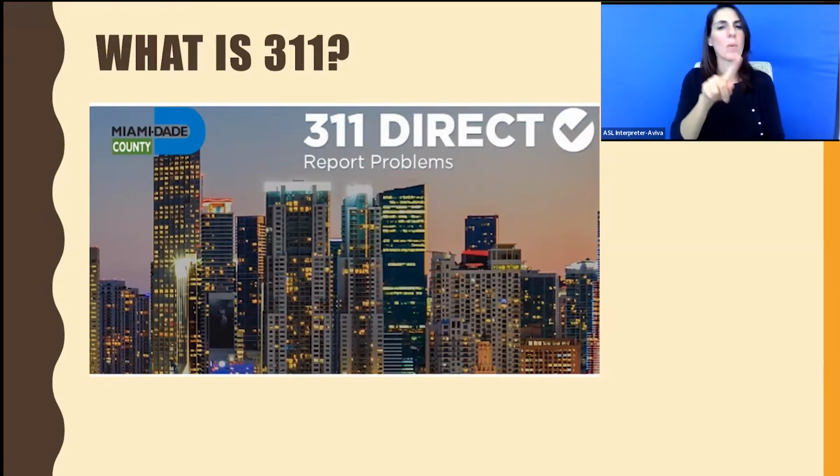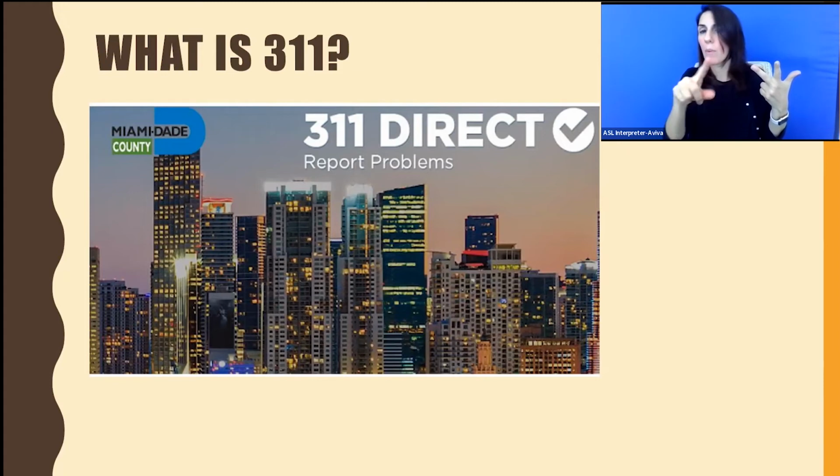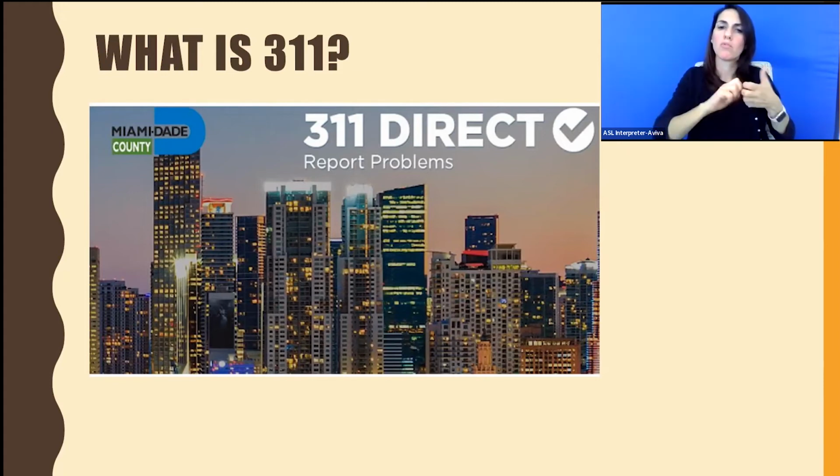311 is a non-emergency phone number that people can call in many cities to find information about services, make complaints, or report non-emergency problems like road damage. 311 is an alternative option to 911.